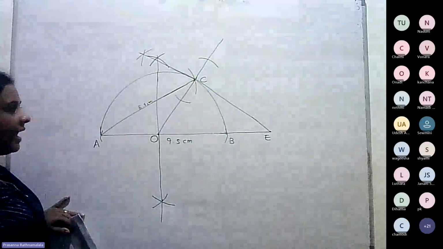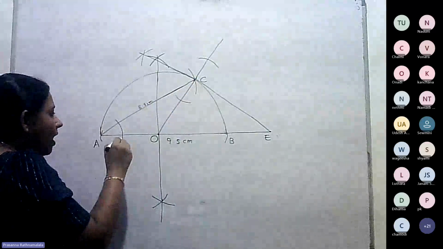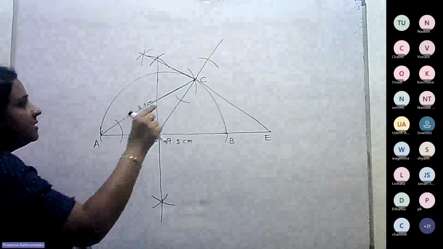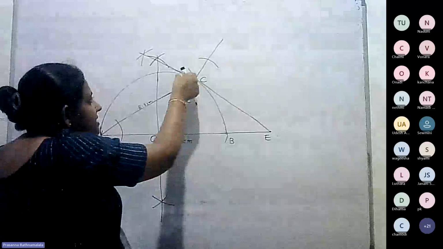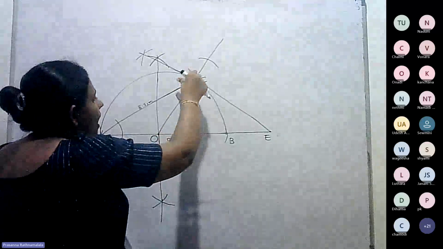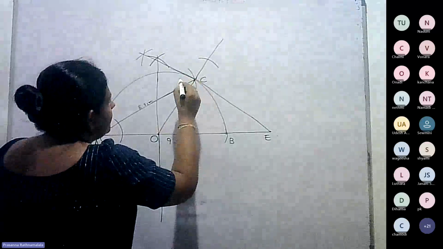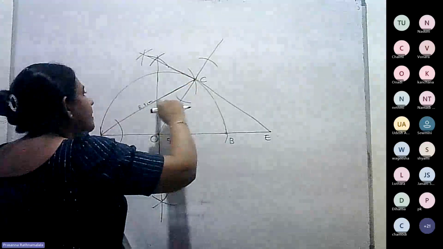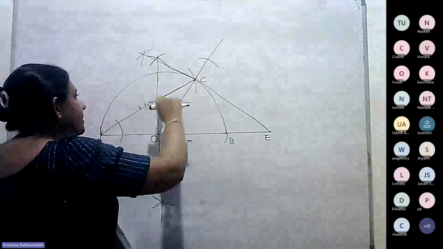How do you copy that angle? You draw an arc to cut these two lines. With the same distance, you place the compass at this C and draw an arc to cut this OC. No, sorry, AC. This is the line we can see here.